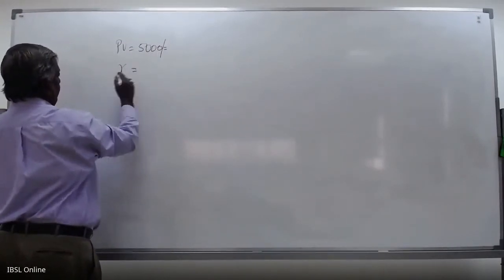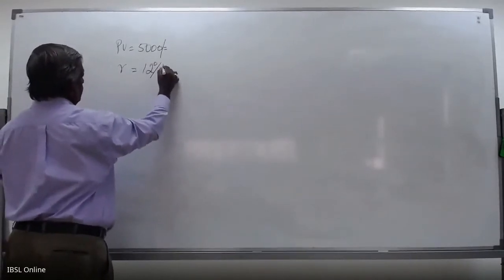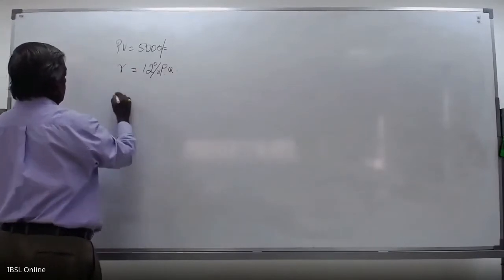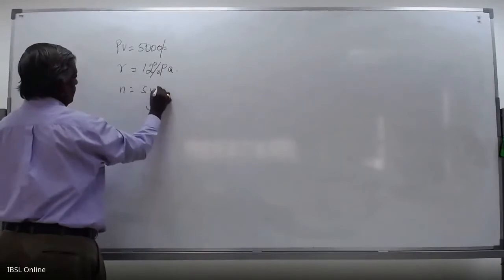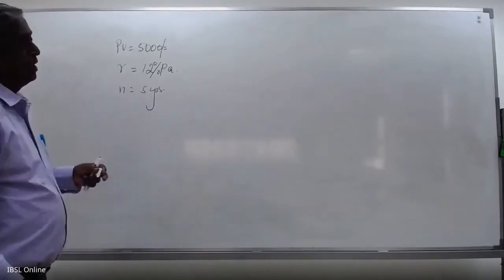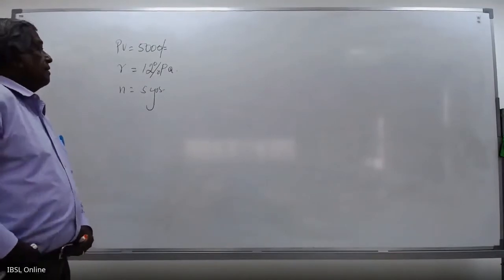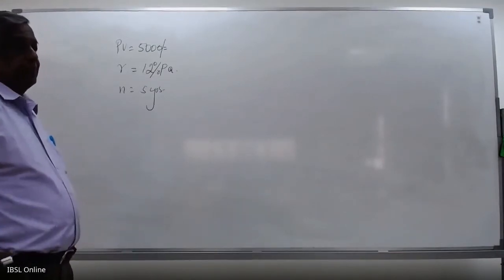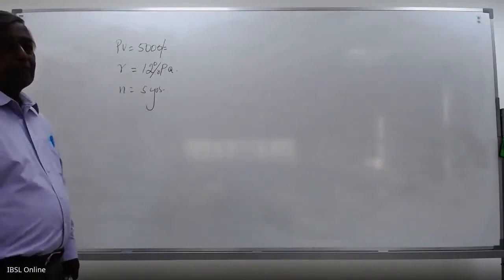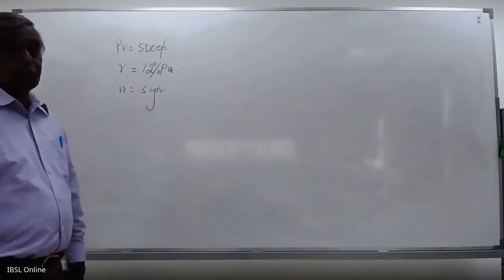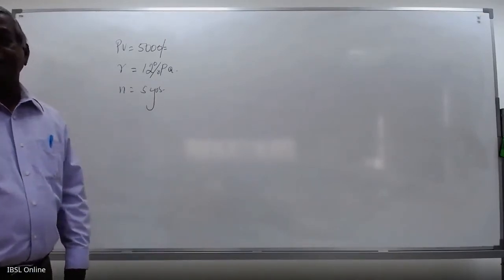R, the interest rate, we take 12% per annum, and 5 years. That is, the customer is depositing 5,000 rupees with your bank in a fixed deposit at an interest rate of 12% per annum with automatic renewal. At the end of 5 years, how much will the customer get?